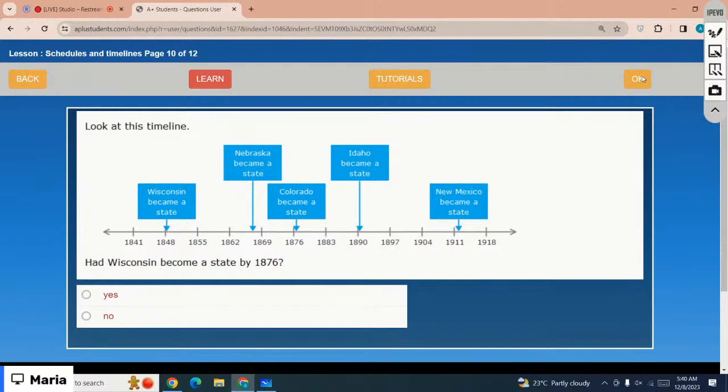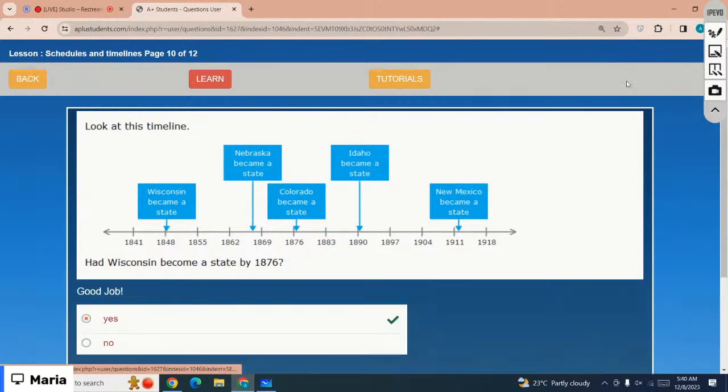Here is 1876. And yes, the correct option is yes, Wisconsin became a state.